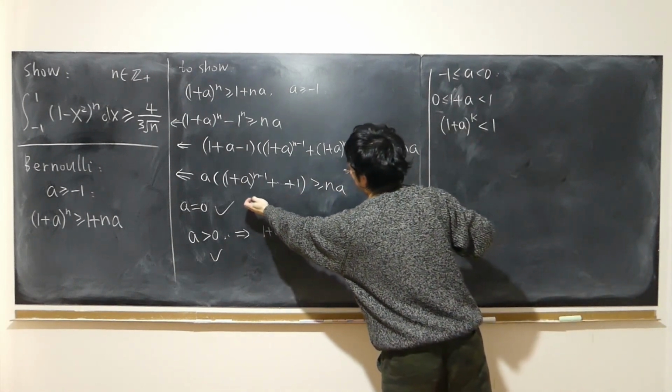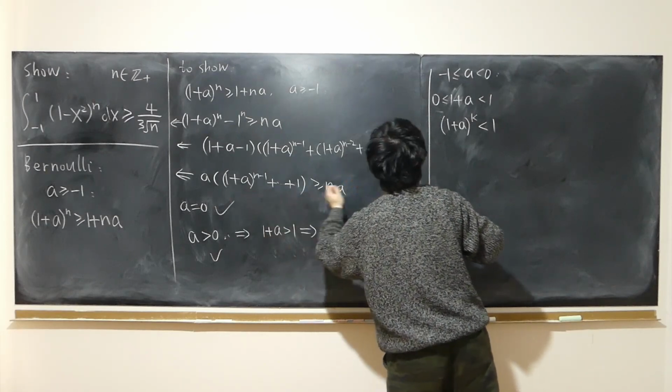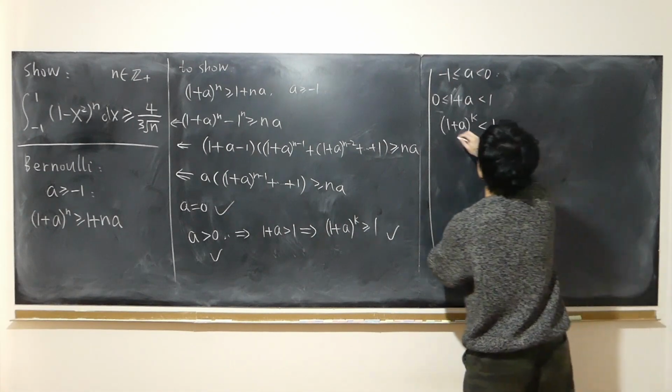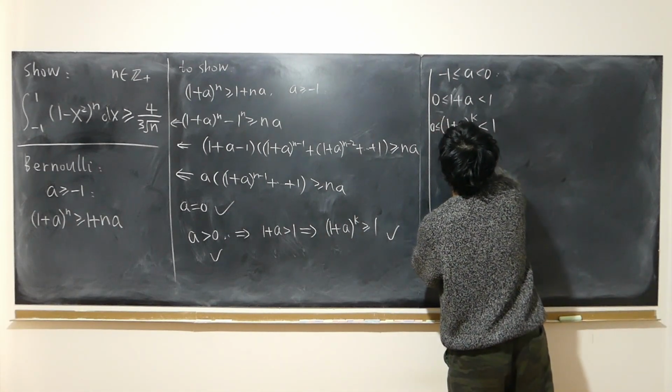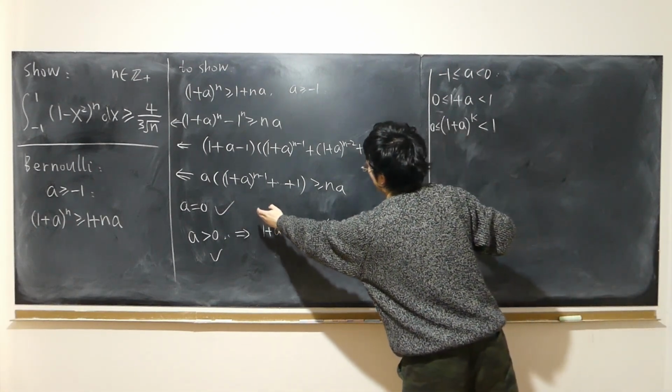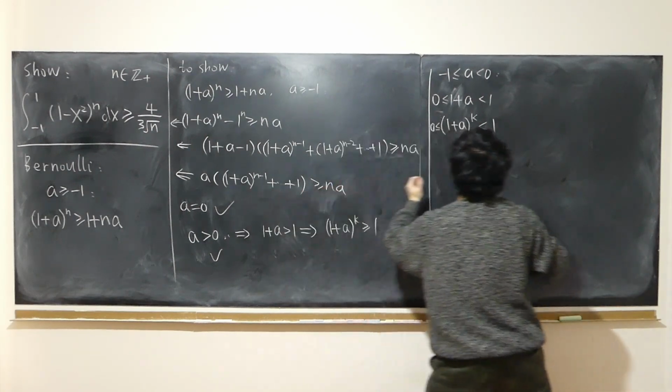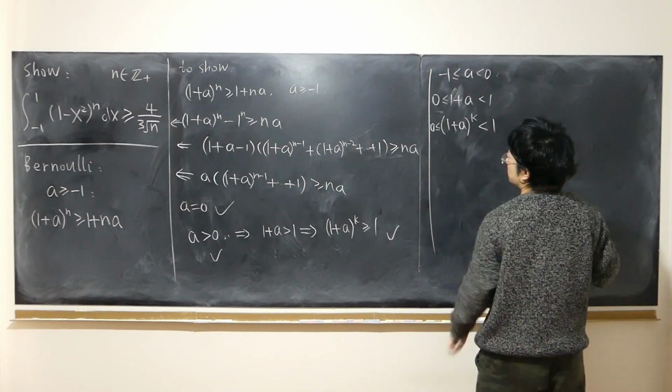Now, again, how many? There are n terms in here. Every term is smaller than 1 and bigger than or equal to 0. So the whole quantity in here is actually in between 0 and n.